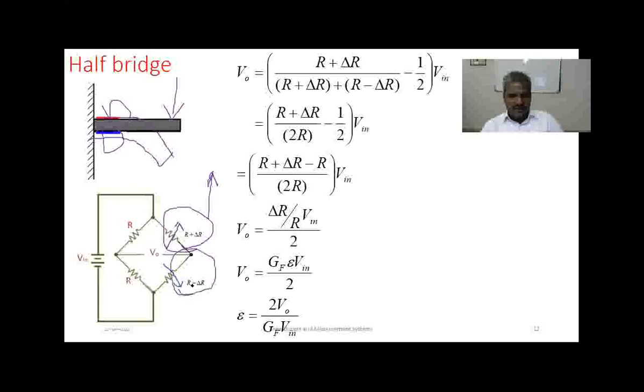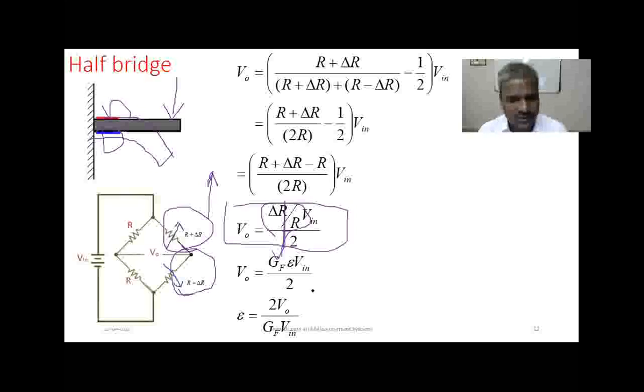So the resistances are R minus del R and R plus del R. If you apply the same rule as before, you will get V naught as del R by R divided by 2 times V in. Instead of del R by R, we substitute gauge factor into strain, so gauge factor into strain into V in by 2.